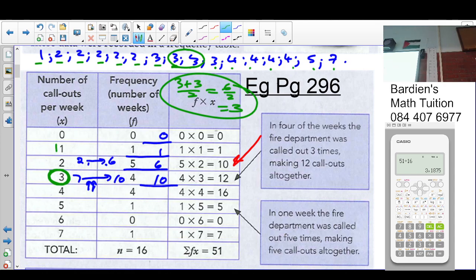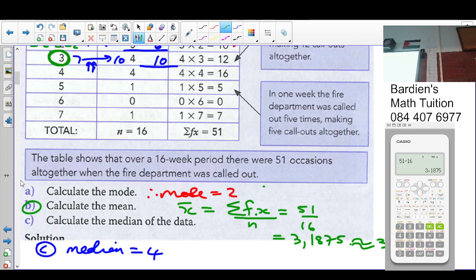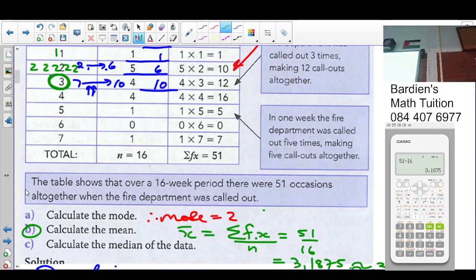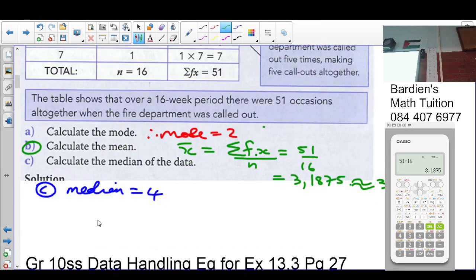There's 1. Then there's 5 twos, 1, 2, 3, 4, 5. Then there's 4 threes, 1, 2, 3, 4. So the 8th and 9th number is in this class. So the reading must be 3 and not 4. Sorry, my mistake there. But does it make sense? Maybe it didn't make sense earlier on because I said 4.